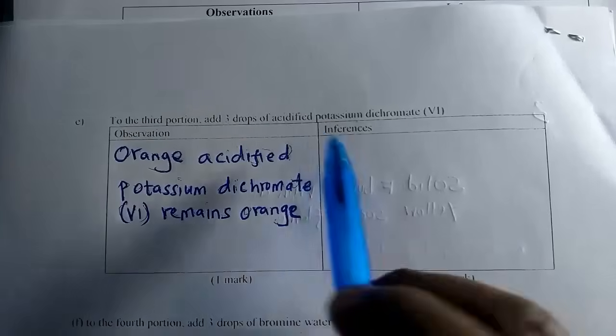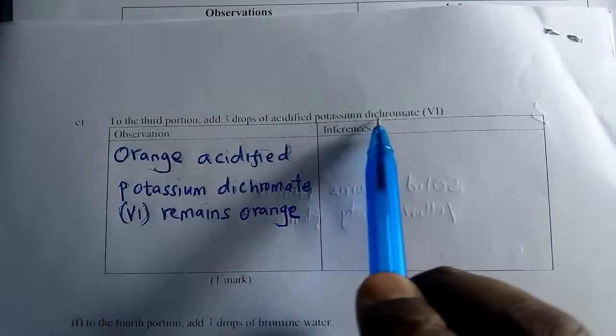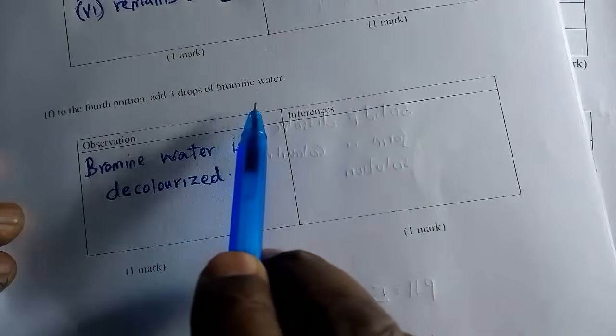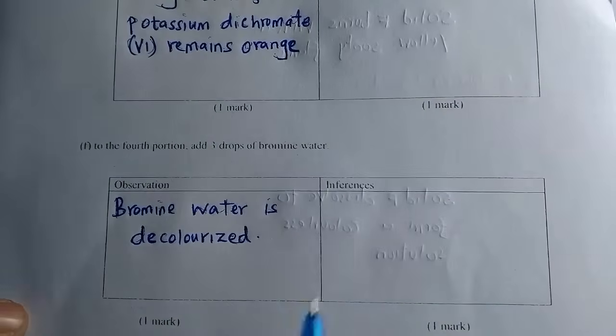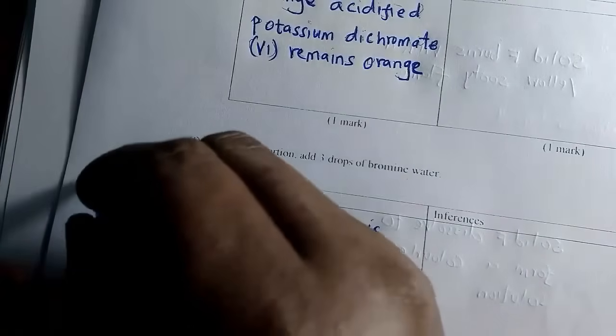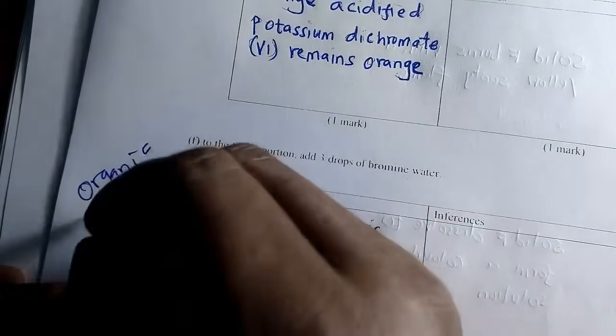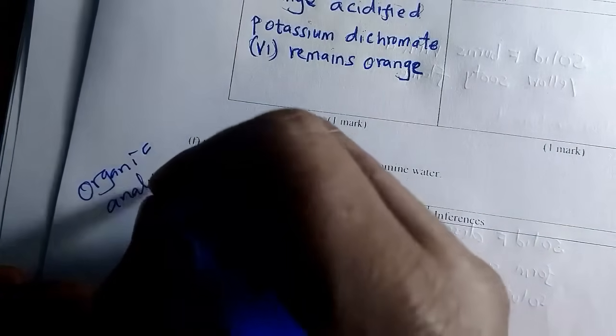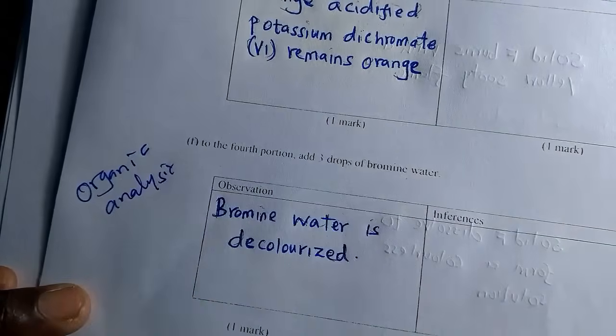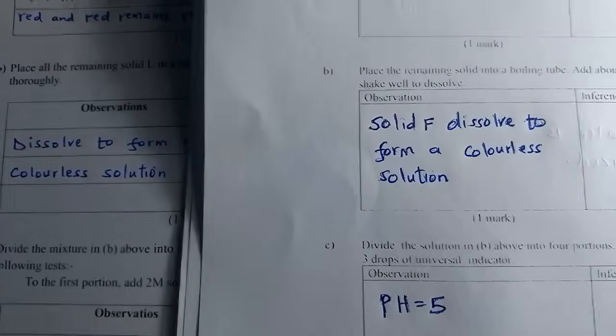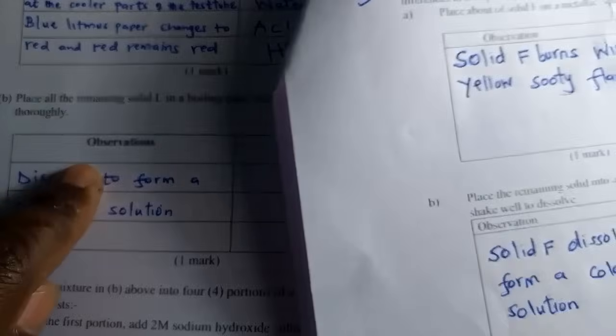We are using acidified potassium dichromate, then bromine water. That tells you this one is organic analysis. Therefore, in these two scenarios, this one is inorganic and this one is organic.